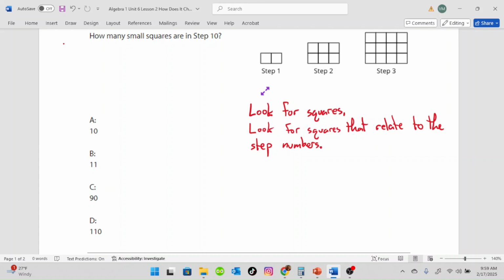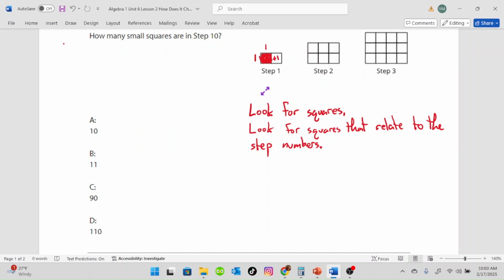So with that in mind, in step number 1, if you consider this one square, then you have a 1 by 1 square and then you add 1 square.